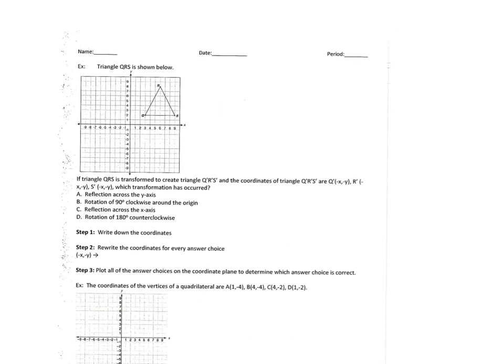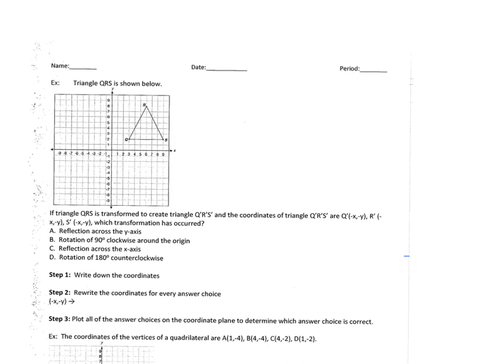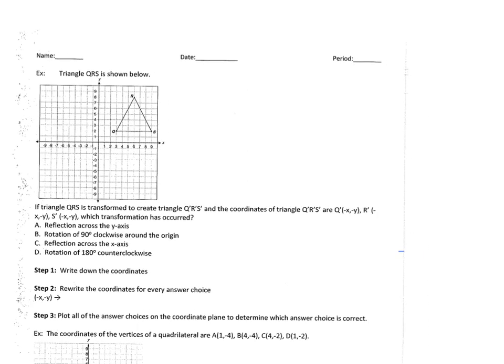Next example, QRS is shown below. If QRS is transformed to create Q prime, R prime, S prime, and the coordinates of Q prime, R prime, S prime are negative X, negative Y, which transformation has occurred? So on these, I would just get rid of the obvious ones.